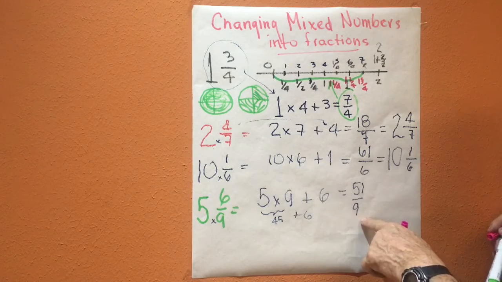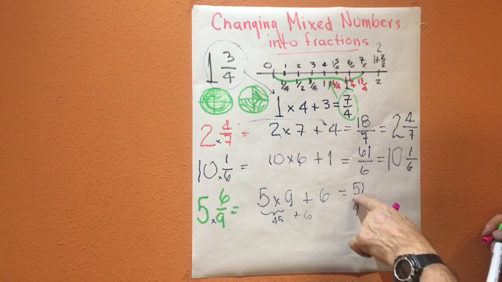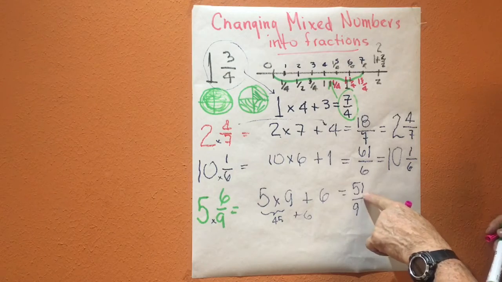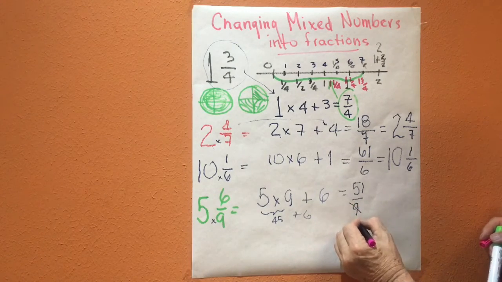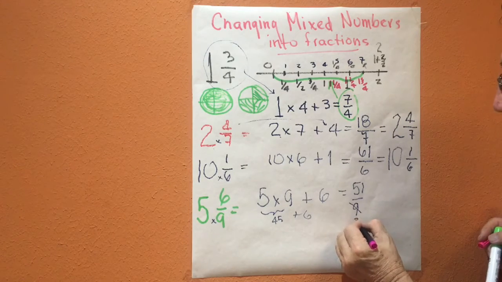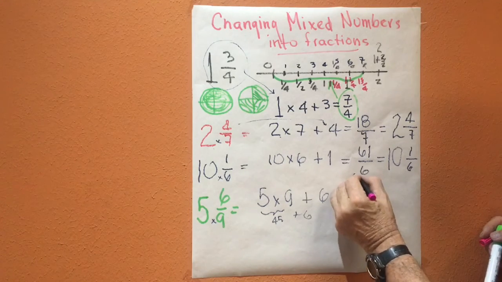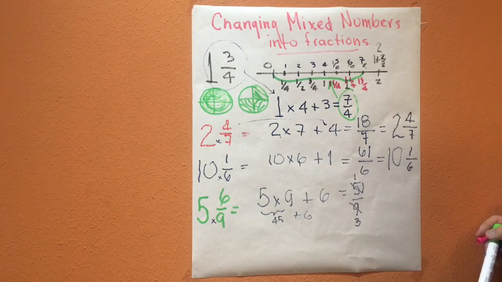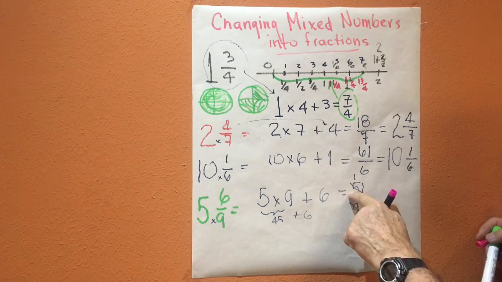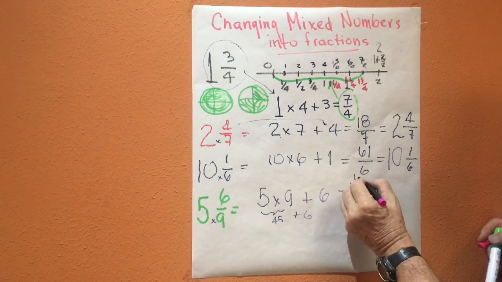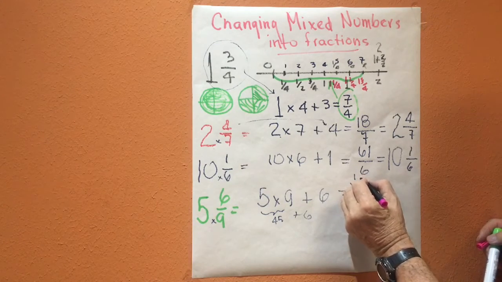Well, 9 is a multiple of 3. 5 plus 1 is 6, which is a multiple of 3. Well, I can simplify. There are three 3's in 9. Here is 1. And I left 2. So 51 divided by 3 is going to be 17. 17 times 3 is 51.